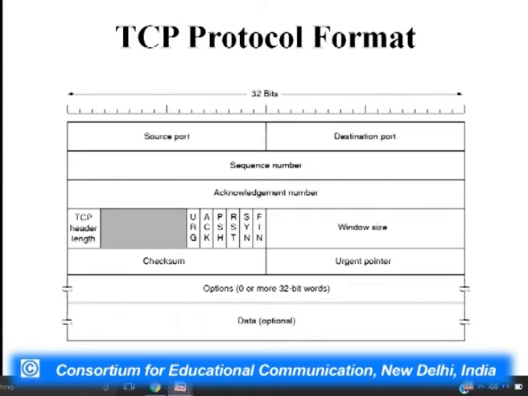Then you have the sequence number, the acknowledgement number, then the TCP header length, then 6 flags, and in between there is a gap, which means it is unused. Then you have the window size, a checksum field, the urgent pointer, then options. The options field is 0 to 32 bits. Then the optional field is data, however much data you want to put in. But the size limit is 64K. If you recall, it is 64 kilobytes; you cannot have more than that. And 32 bits means 4 bytes.